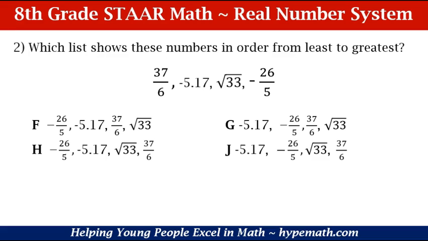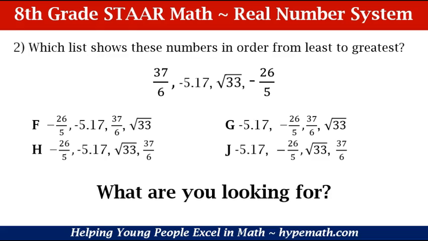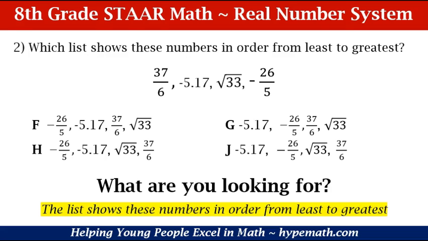And lastly, for J, negative 5.17, negative 26 over 5, the square root of 33, 37 over 6. What are we looking for? We are looking for the list of numbers that show the order from least to greatest.